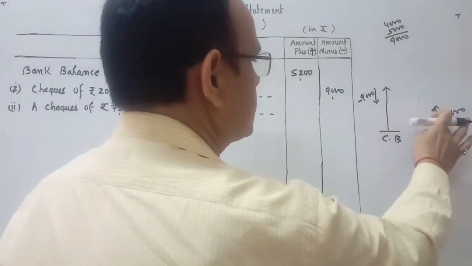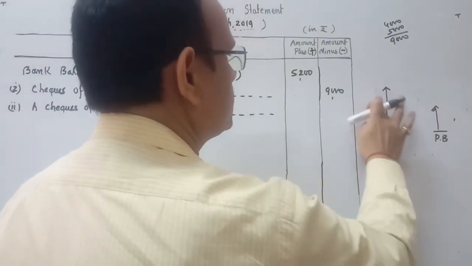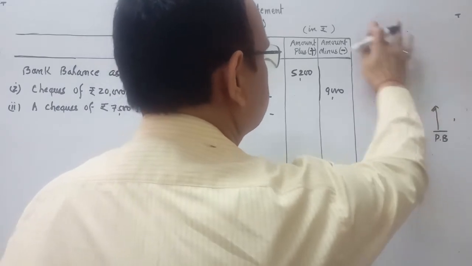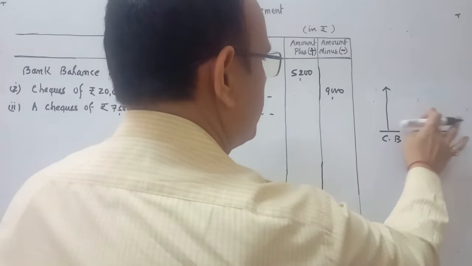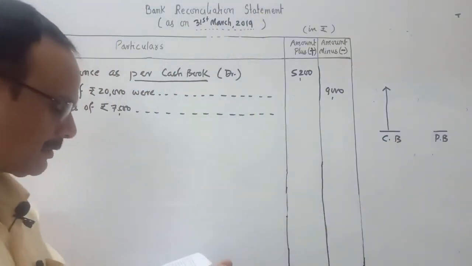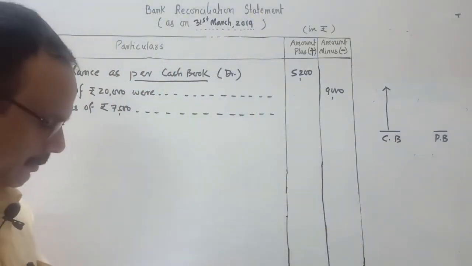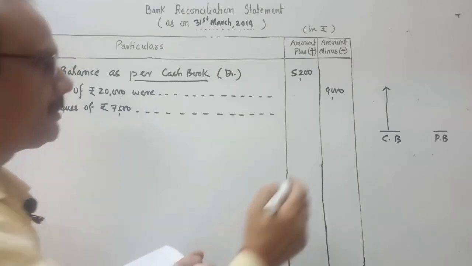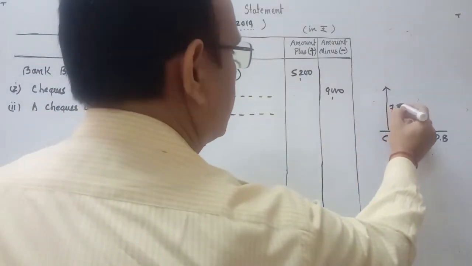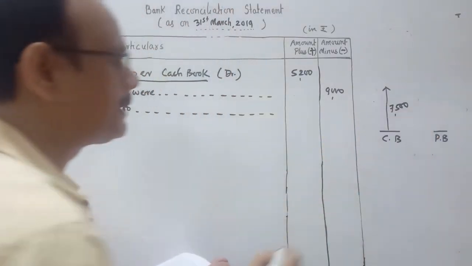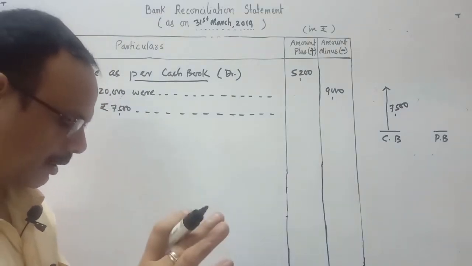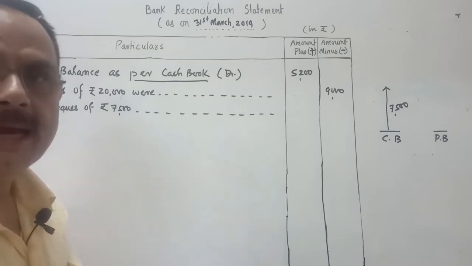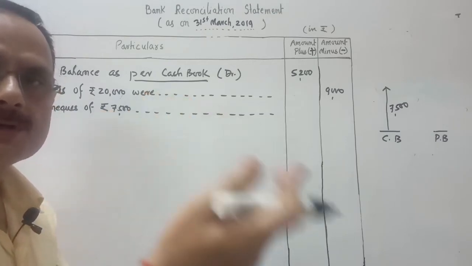So when the check of 7,500 is received from a customer, it is entered in the bank column of the cash book, but was omitted to be paid, meaning we forgot to deposit it into the bank.